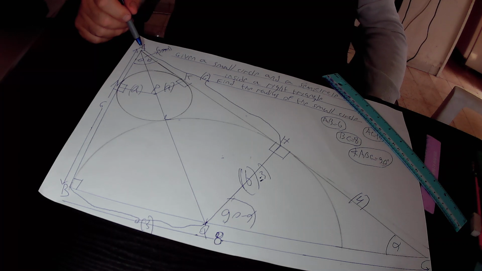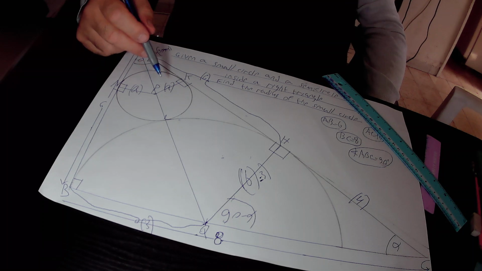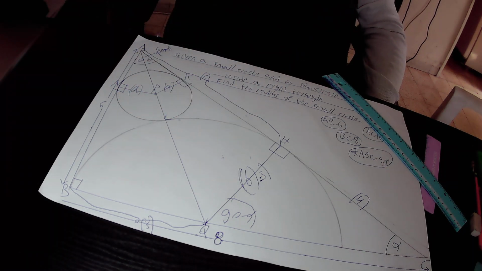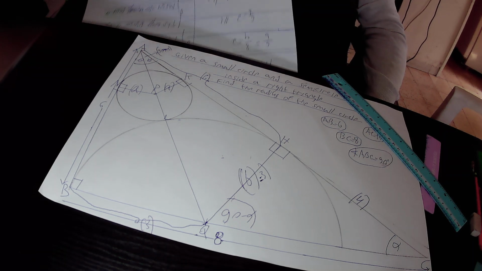So the angle bisector of this angle A passes through point P and also through point Q, and it is obvious that the angle bisector of this angle A must also pass through point A. So write it down.